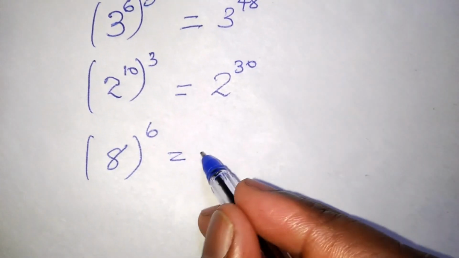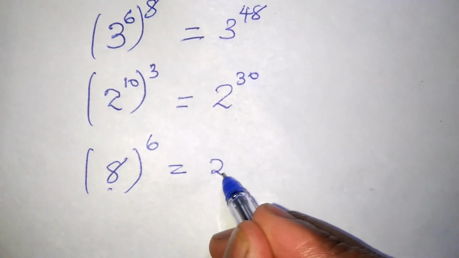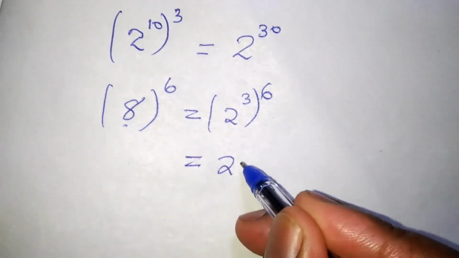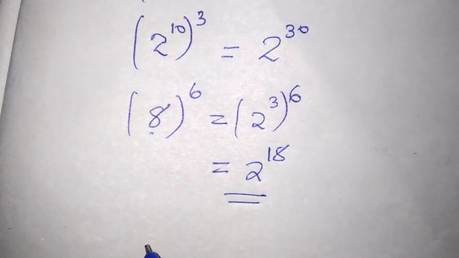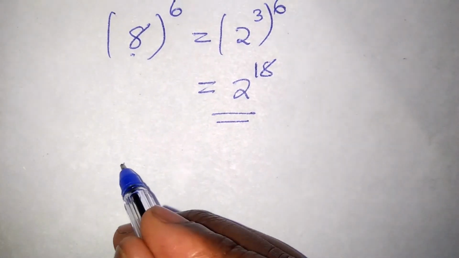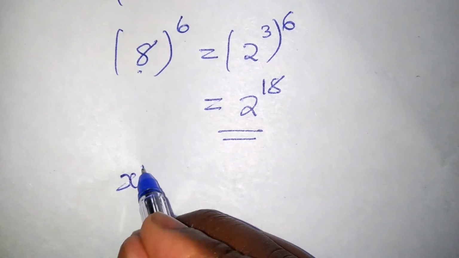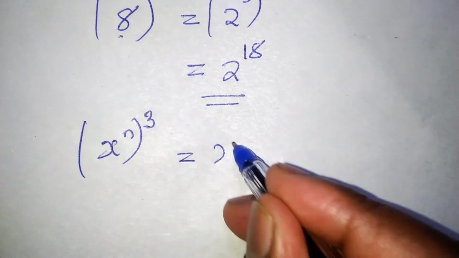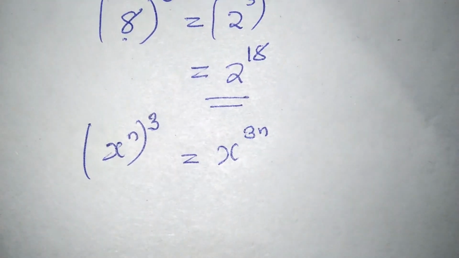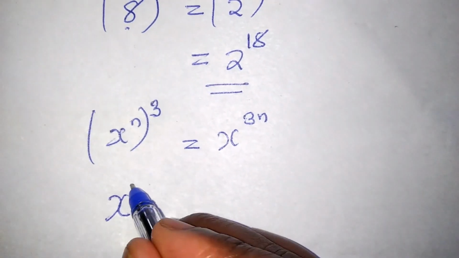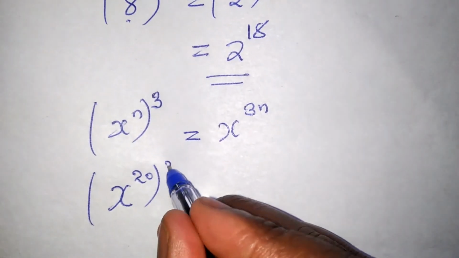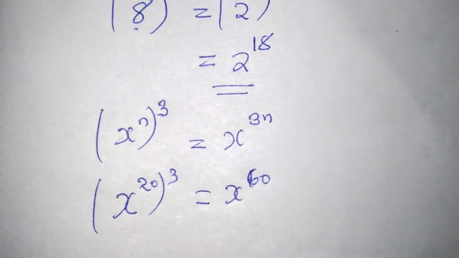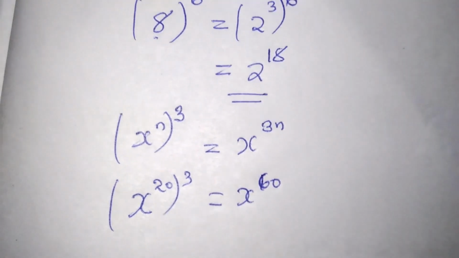This can be written as 8 becomes 2^3, and then we have 6 outside, which now gives us 2^18. Very easily, even in many other examples with unknowns, like x^n raised to 3 is equal to x^(3n). x^20 raised to 3 is x^60. We simply multiply 3 times 20 to get 60.